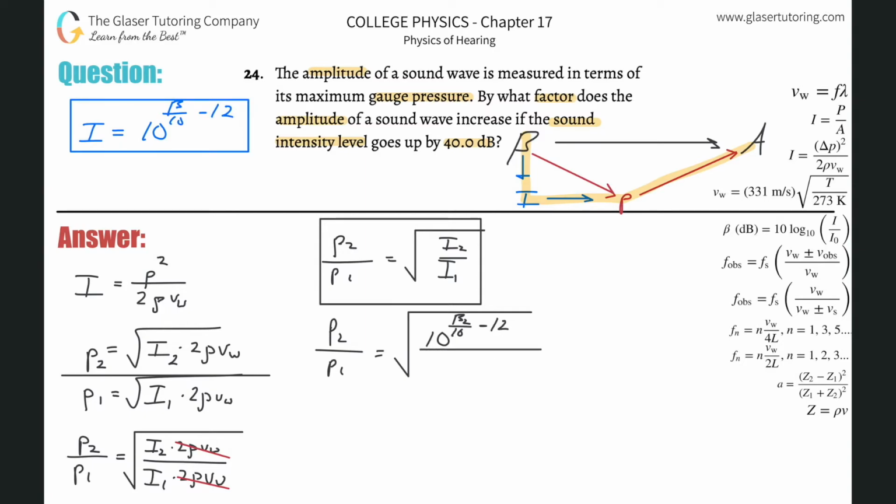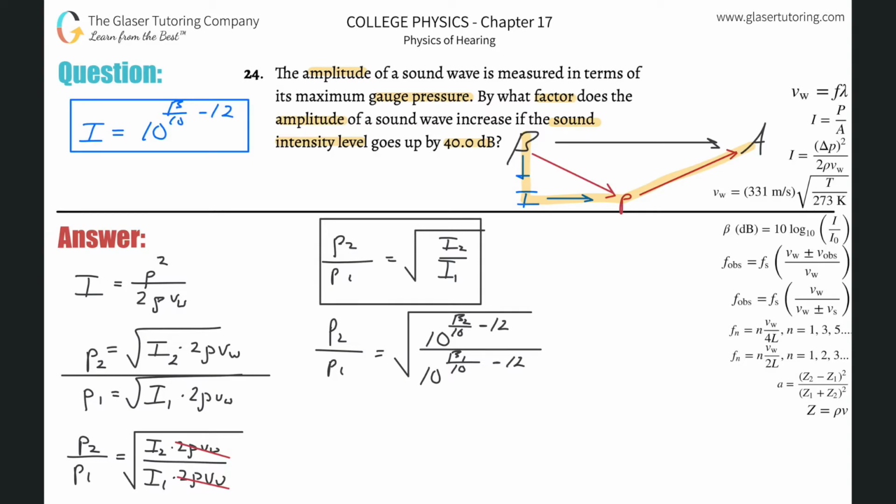And now that's all over base 10 raised to the beta 1 all over 10 minus 12. Okay, so hopefully, let me try to make that a little neater. Beta 1 all over 10 minus 12.